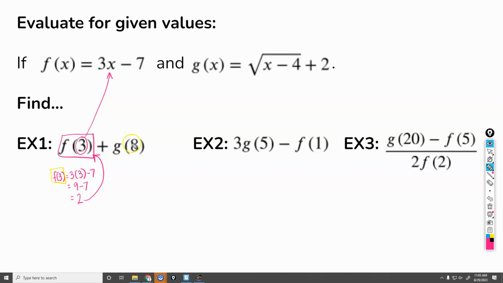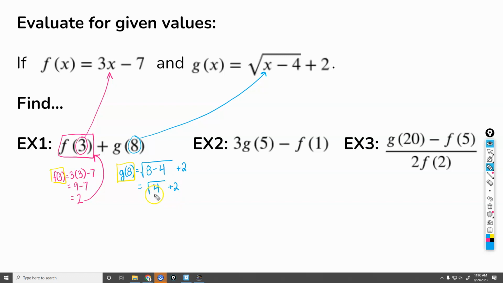We also need to find g of 8, which means we would take 8 and plug it into our g equation. So g of 8, again, this is just a label. You're not doing anything with it. You're just reminding yourself this was g of 8. It's the square root of 8 minus 4, and then a plus 2 out here on the outside. 8 minus 4 is 4.